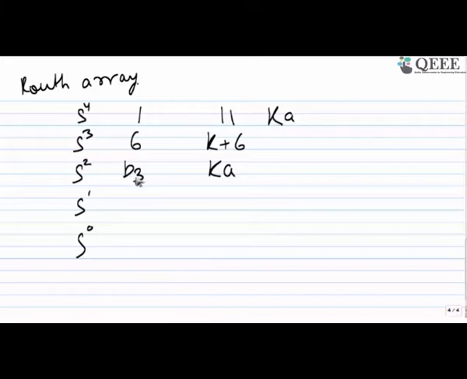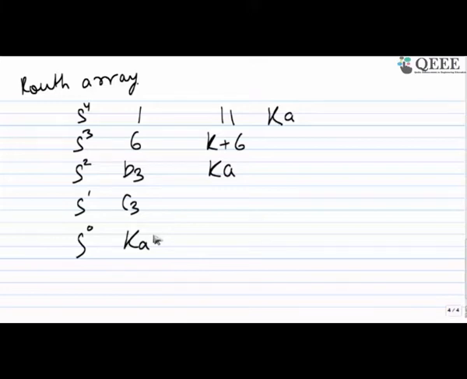So I need to compute this element B3. This element would be straightforward: 6 into k plus 6 into Ka divided by 6 would give me Ka. So B3 into k plus 6 minus 6 into Ka divided by B3. Let's write this element as C3, and this would be nothing, and the last one is Ka.